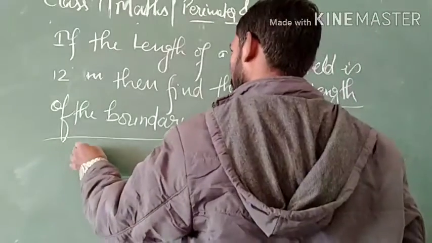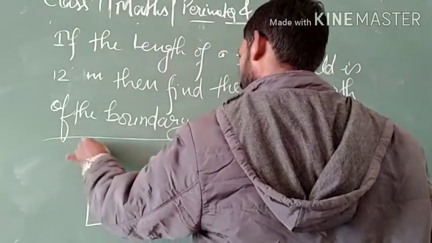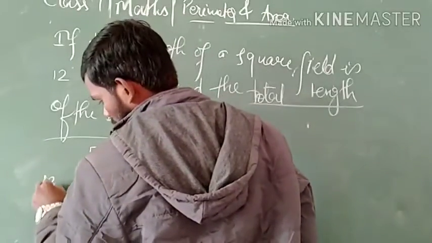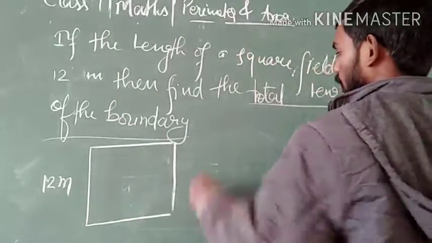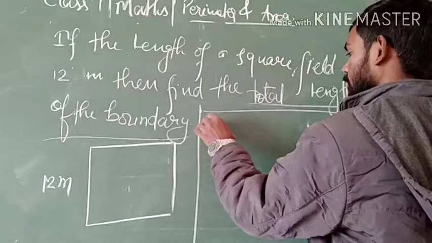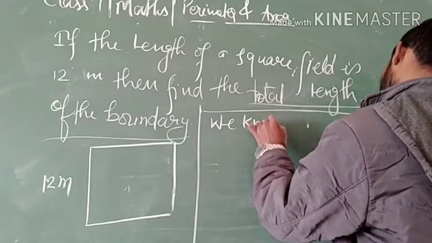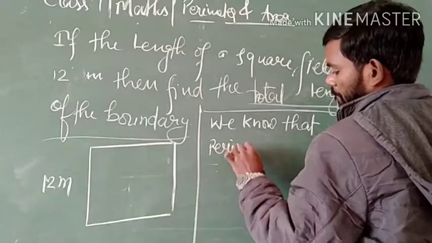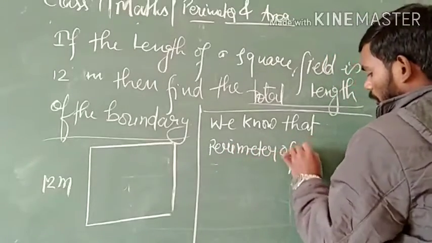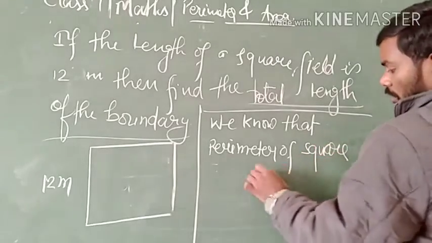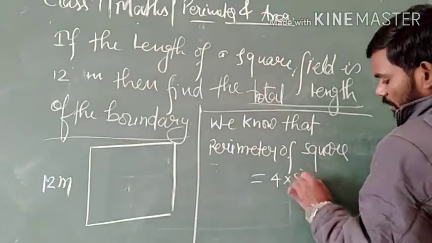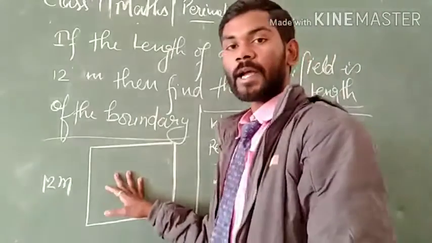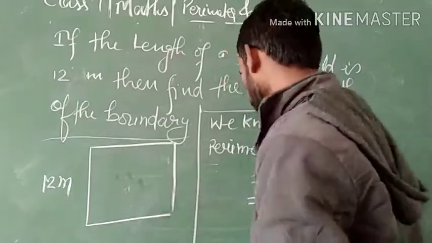So here we can see that this is a square field having the length of its side 12 meter, and we know that perimeter of square is equal to 4 into side, so 4 multiplied by the side of the square, which is 12 meter.